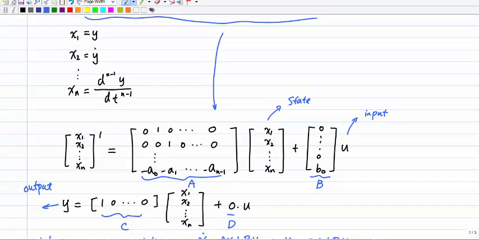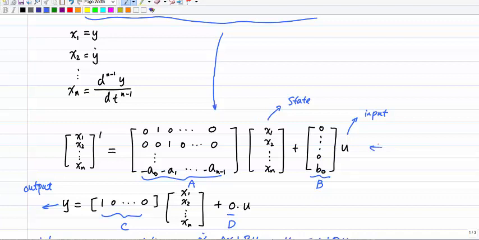So the first n minus 1 equations look like that: 0, 1, 0, 0, 0. This is what happens to the A, and this is the second row of A, and so on. The only difference is the last row, which is negative a0, negative a1, and so on, negative a_(n-1). And this is multiplied by x1, x2, ..., xn plus 0, 0, 0, 0, where only the last entry is b0 times u.